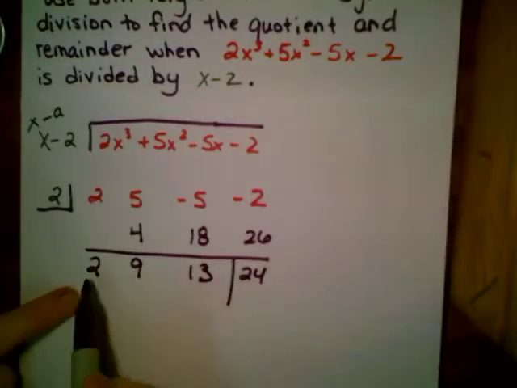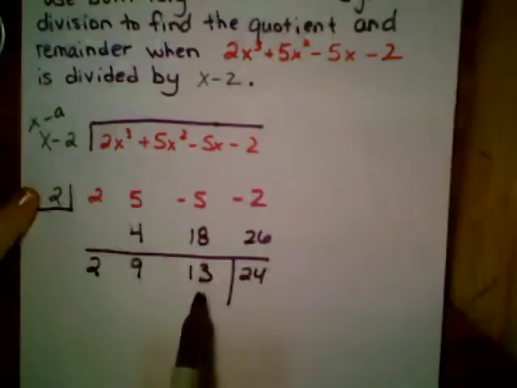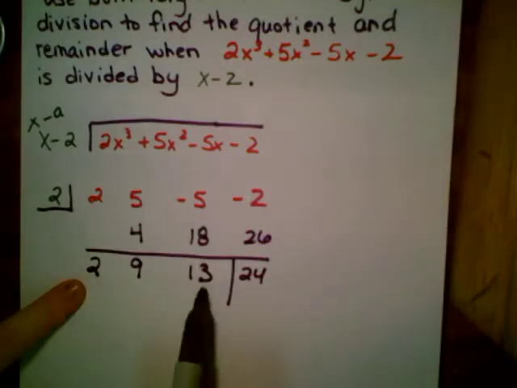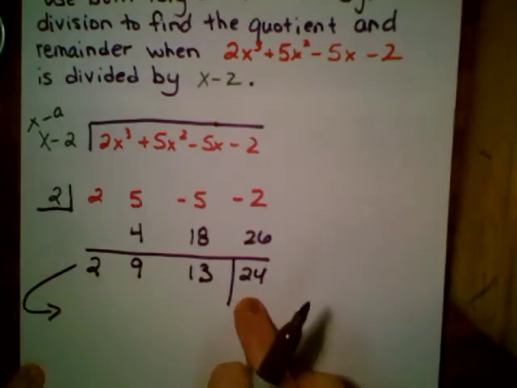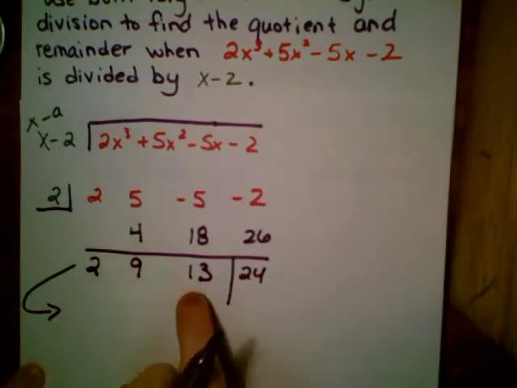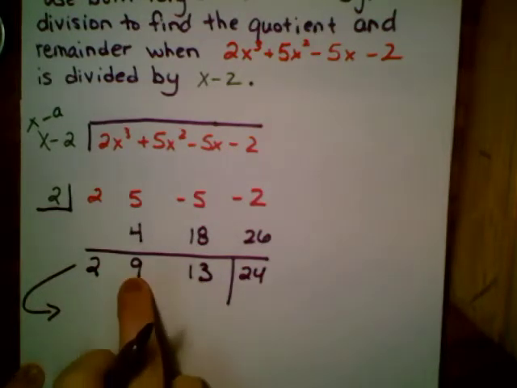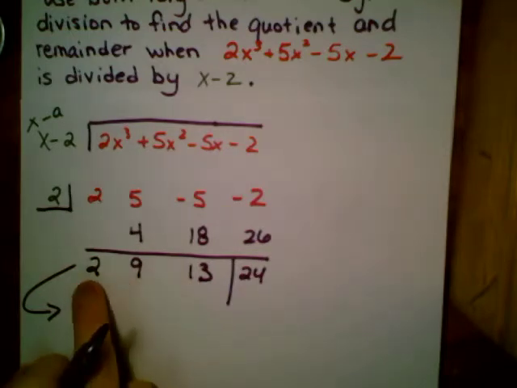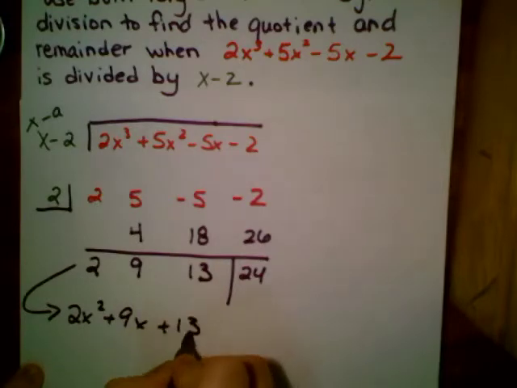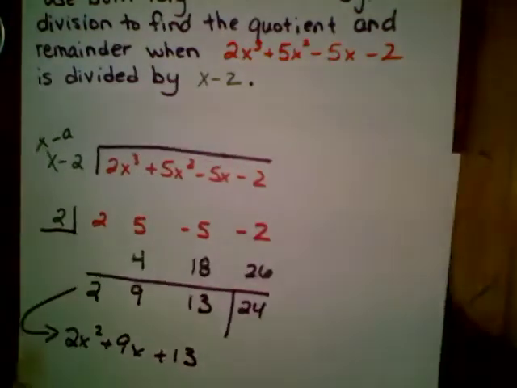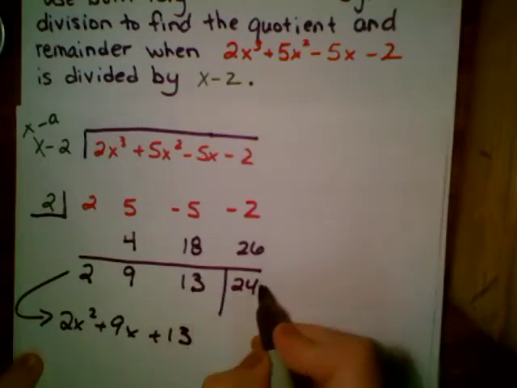And we learn to decode down here. We divided by a linear factor, so that decreases the degree of the polynomial by 1. And we interpret this last line, starting here with a 13, that's a constant. 9 is the linear coefficient. 2 is the quadratic coefficient. So we have our same answer as before, 2x squared plus 9x plus 13.